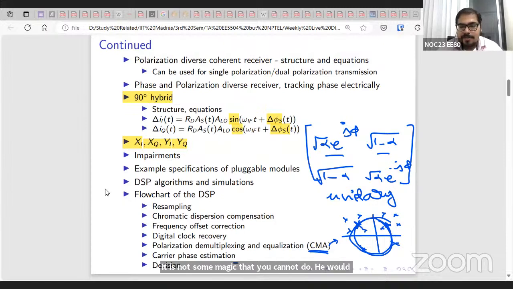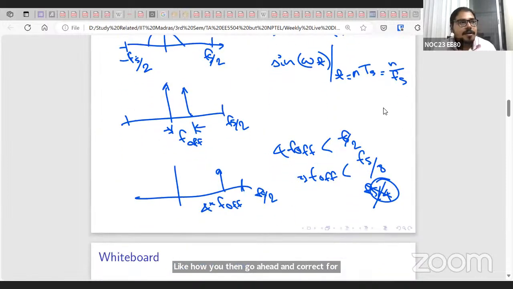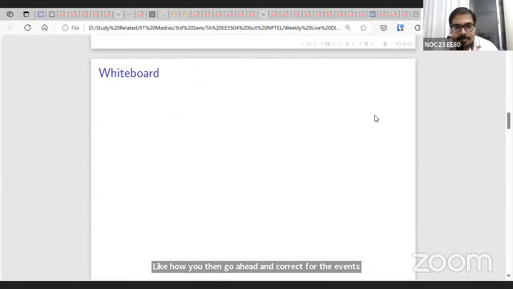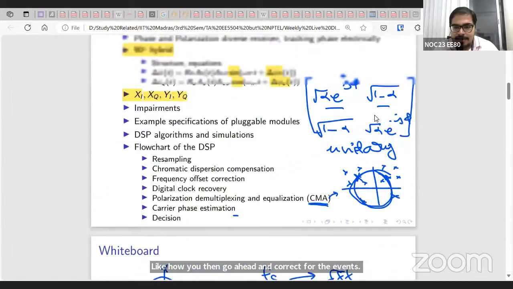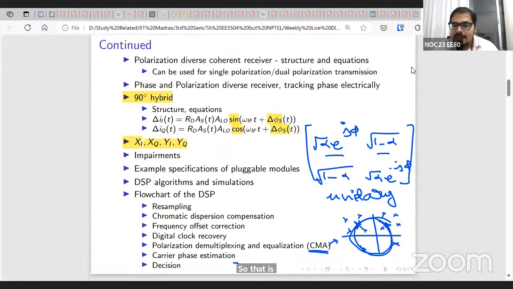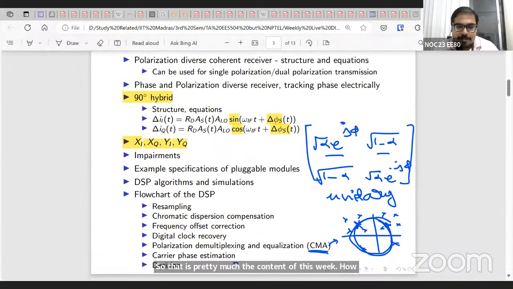You just consider a set of bits and you try to find out step by step what can be happening to those bits, what can be happening to those electrical signals, how they're traveling through the fiber, and how you then go ahead and correct for the impairments. So that is pretty much the content of this week. Are there any doubts and questions?